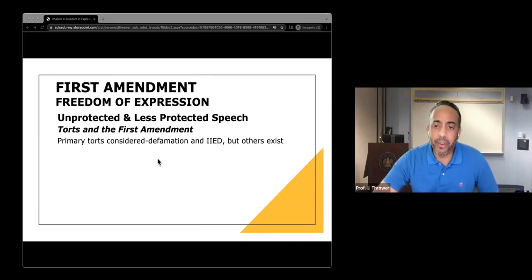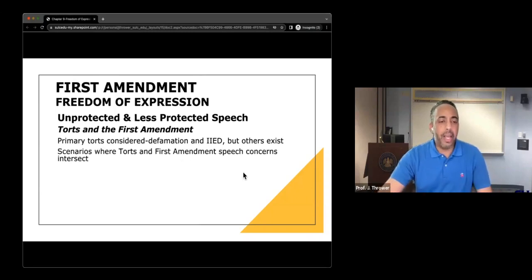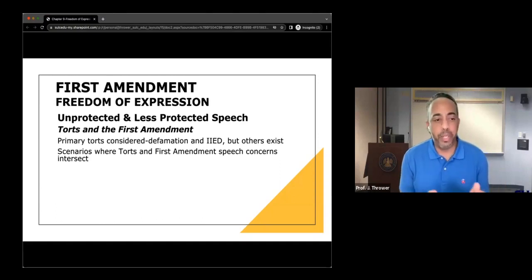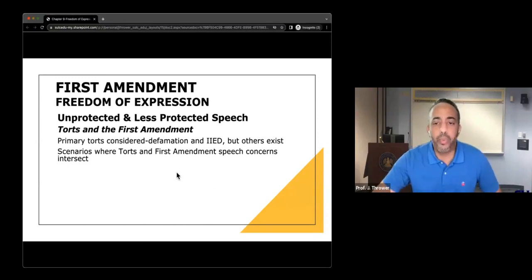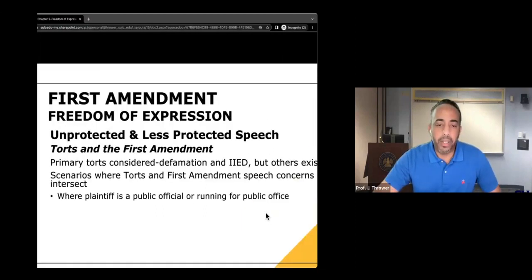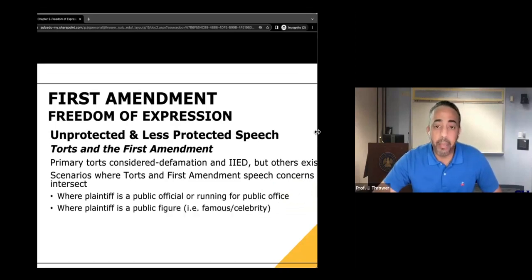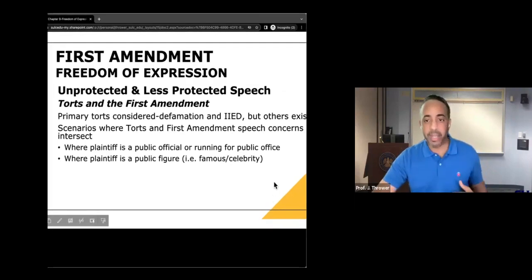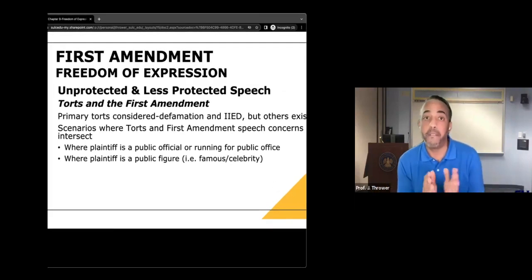Essentially, there are four types of scenarios where torts and First Amendment speech concerns intersect. The first scenario is where a plaintiff is a public official or is running for public office. A second scenario is where the plaintiff is a public figure, i.e., maybe a celebrity or a person who is famous, right? Not a public official, but a public figure.